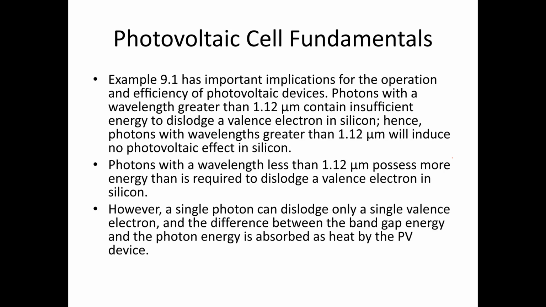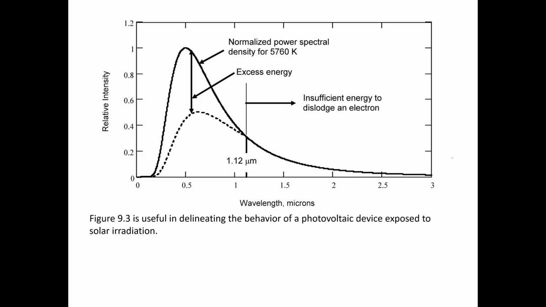Here's a graph to help illustrate that effect. On the y-axis, we have relative intensity. On the x-axis, we have wavelength. You can look at this as the range of wavelengths that you could see in incoming photons. Again, anything greater than 1.12 micrometers has insufficient energy to dislodge the electron.